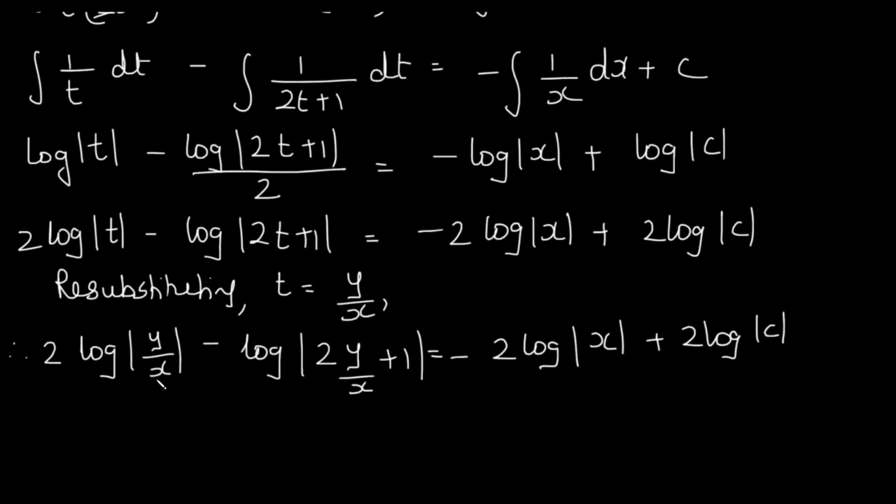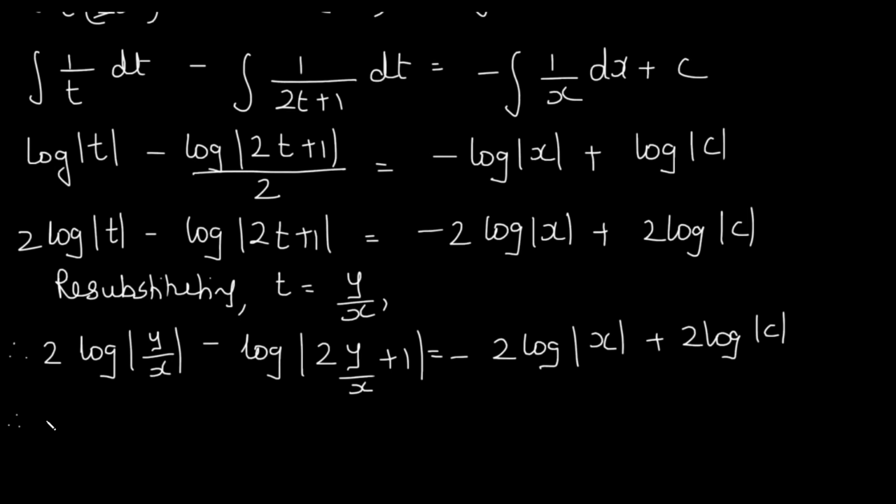Then look carefully now at what is done. Now log y upon x is the same as log y minus log x. Remember, when two logs are subtracted, you can combine them by dividing them. The same thing in reverse: 2 log y upon x can be written as 2 log y minus 2 log x.